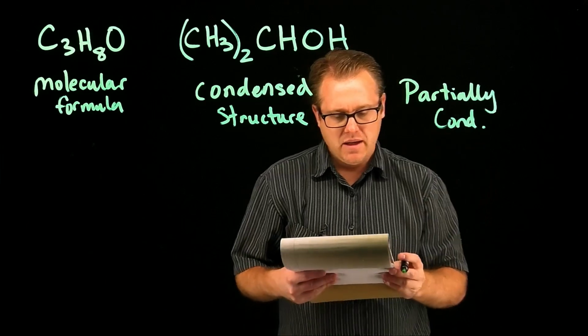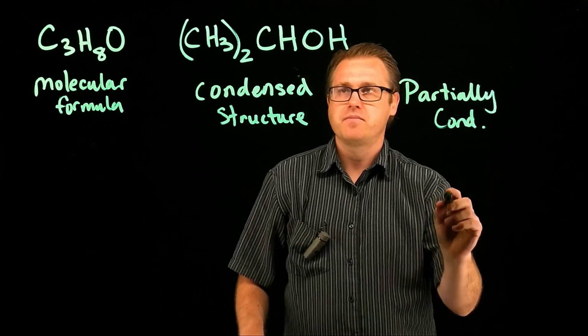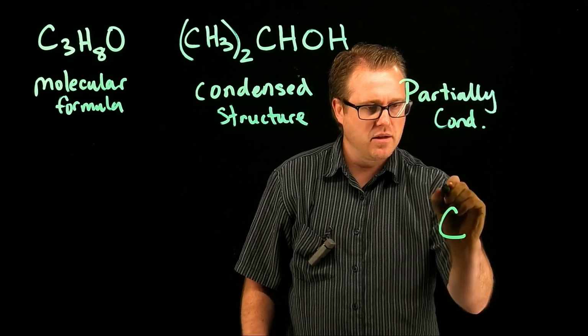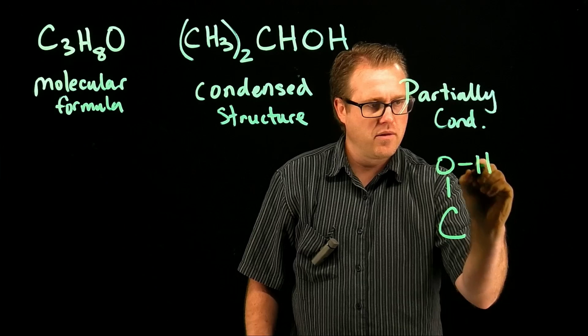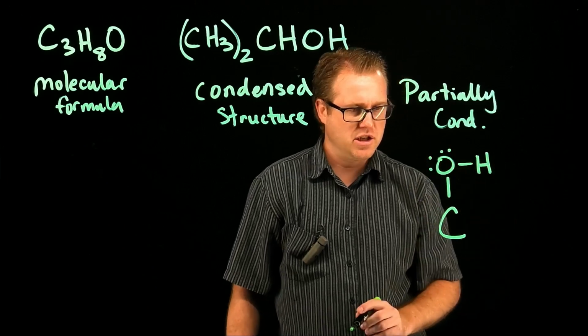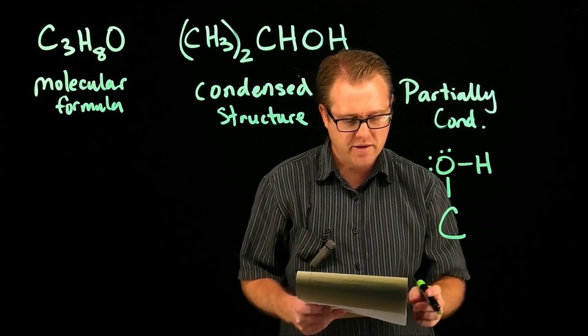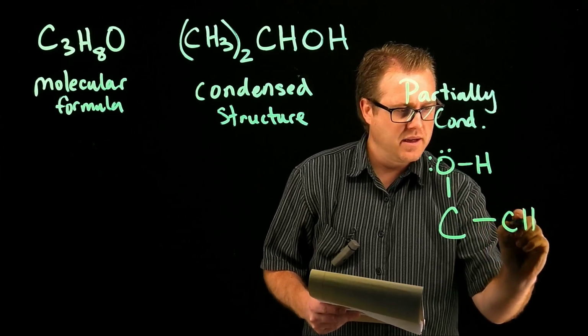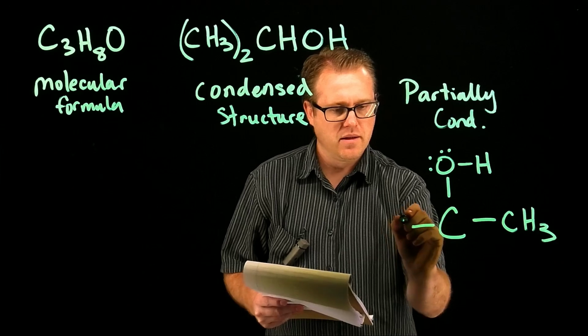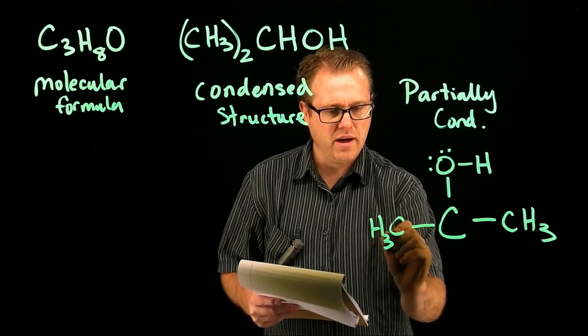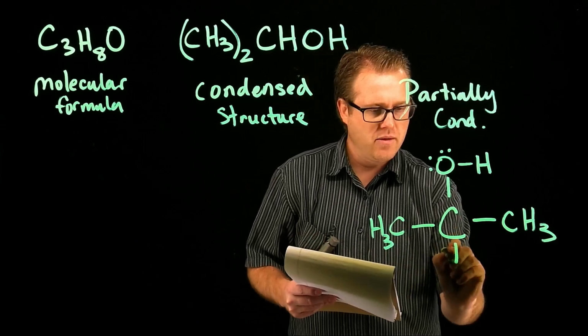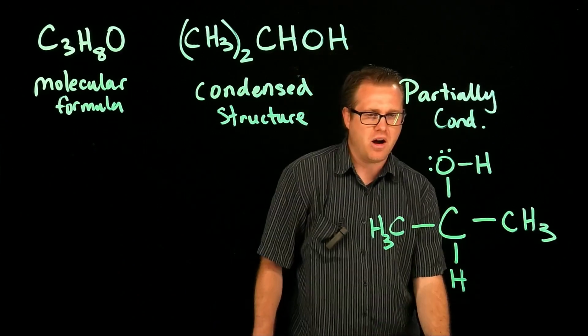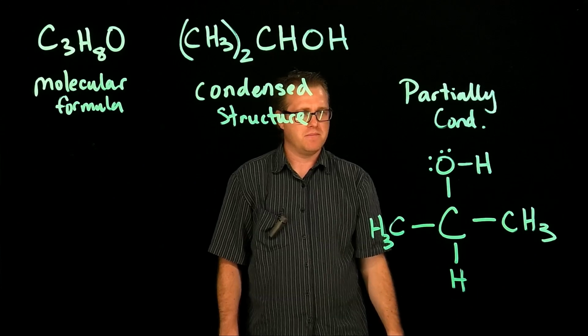So partially condensed structures, I'll take it like this. The oxygen has a lone pair, 2 lone pairs, and CH3, and then 1 hydrogen. That also is isopropyl alcohol.